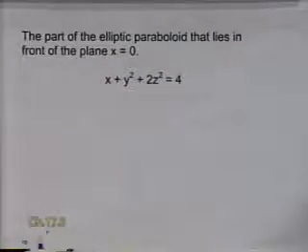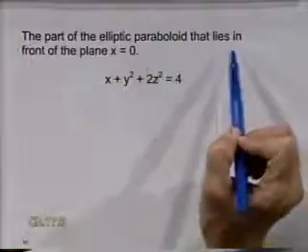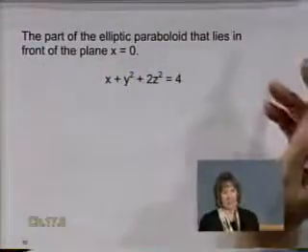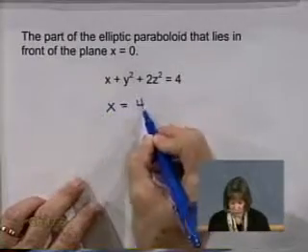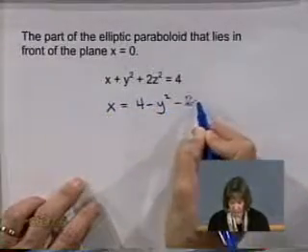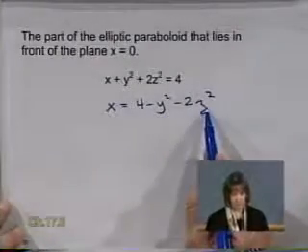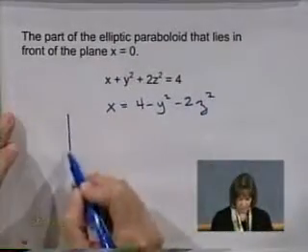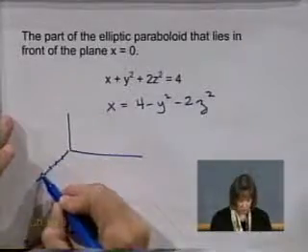How about this one? We want to come up with a parametric representation of the part of the elliptic paraboloid that lies in front of the plane x equals 0. Notice if you solve this for x, you would have x equals 4 minus y squared minus 2z squared. If you let y and z be 0, notice x is 4. 1, 2, 3, 4.